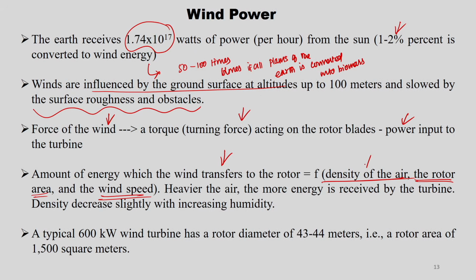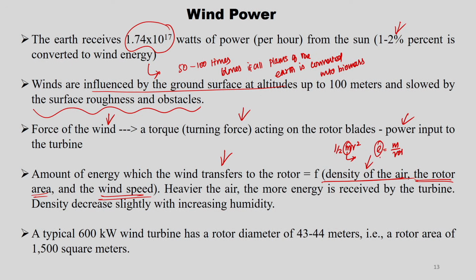If you talk about density, we have already said that kinetic energy is ultimately converted into electrical energy. The kinetic energy is half m v squared, and mass is related to density, mass upon volume.